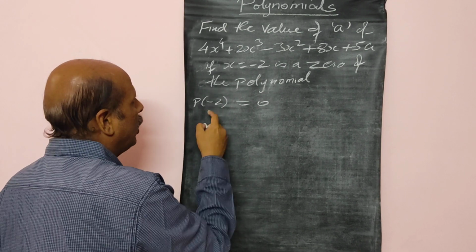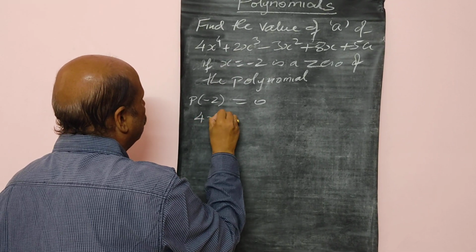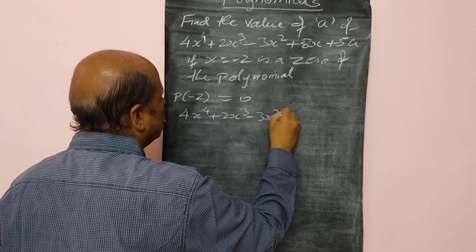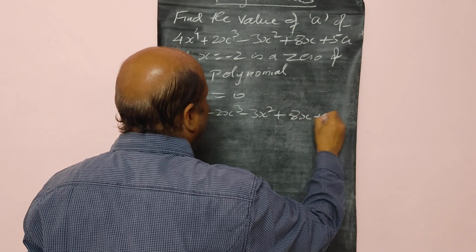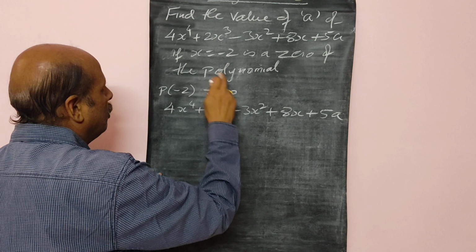Now for P of minus 2, I am going to put this polynomial here: 4x raised to 4 plus 2x raised to 3 minus 3x raised to 2 plus 8x plus 5a. Now I start putting the value of x as minus 2.